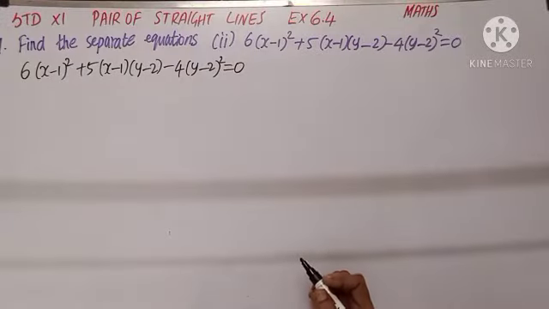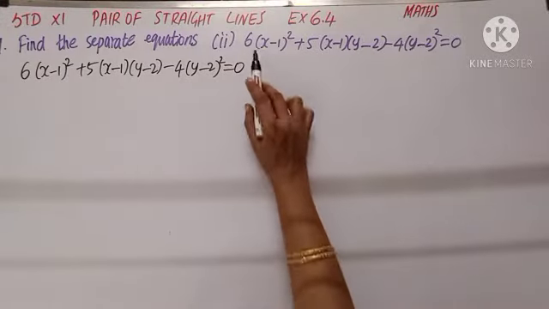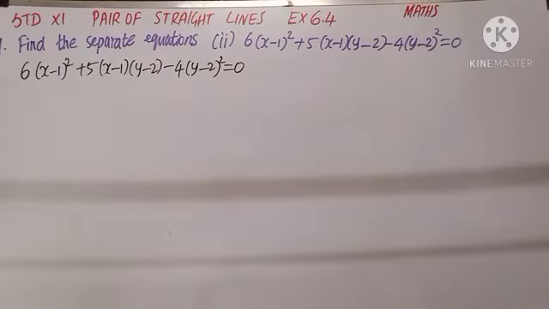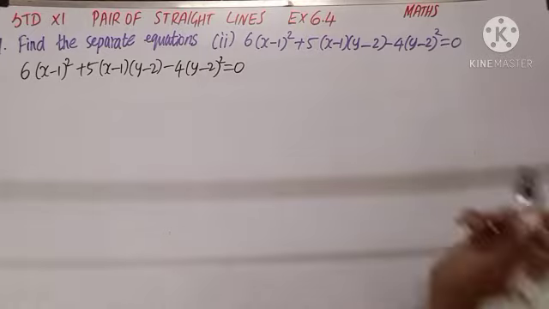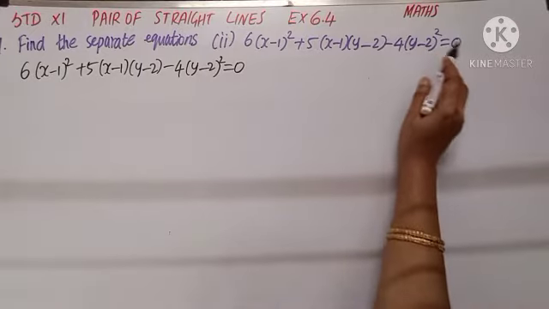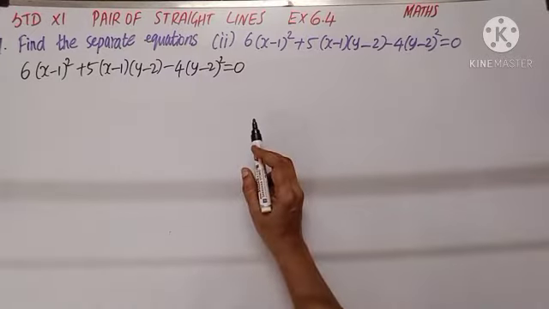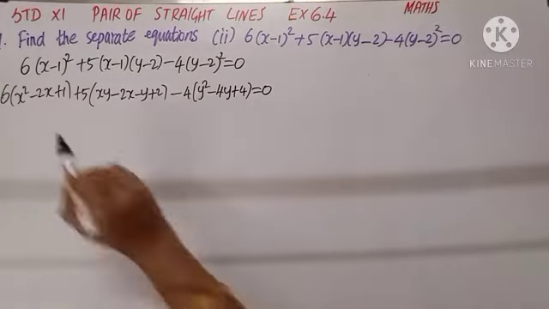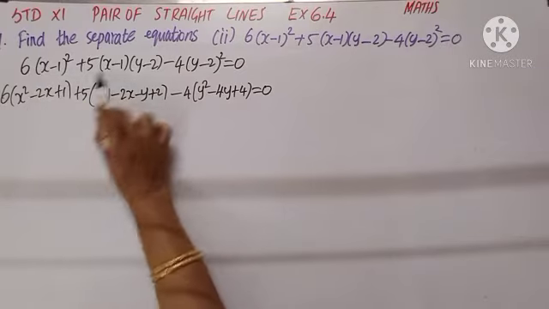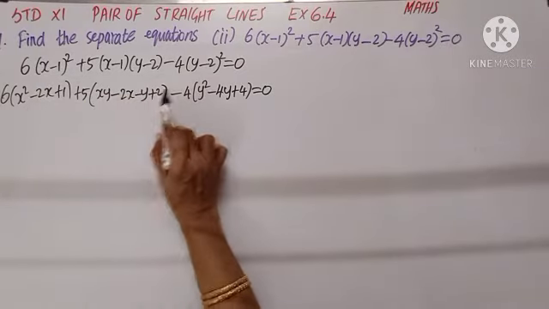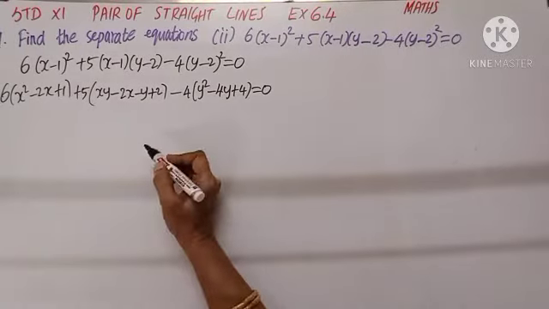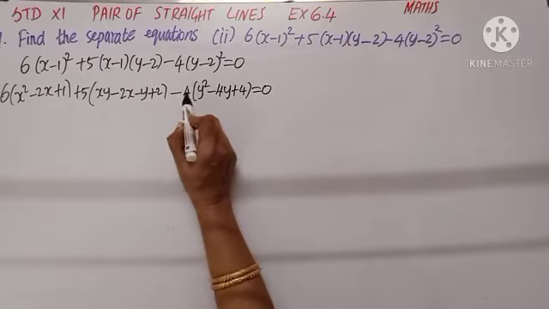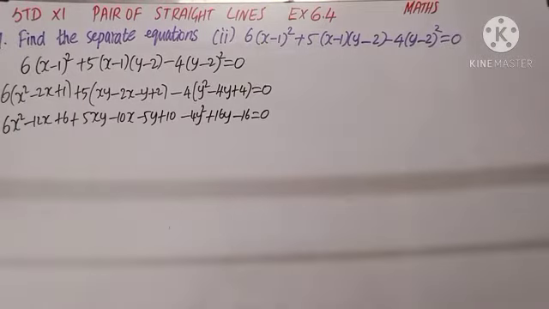Question number 7. Find the separate equations: 6 into (x minus 1) the whole square plus 5 into (x minus 1) into (y minus 2) minus 4 into (y minus 2) the whole square equal to 0. Let us expand and simplify. As we expand (x minus 1) the whole square, multiply the two factors, and (y minus 2) the whole square, let us multiply 6 into, here 5 into, here 4 into.